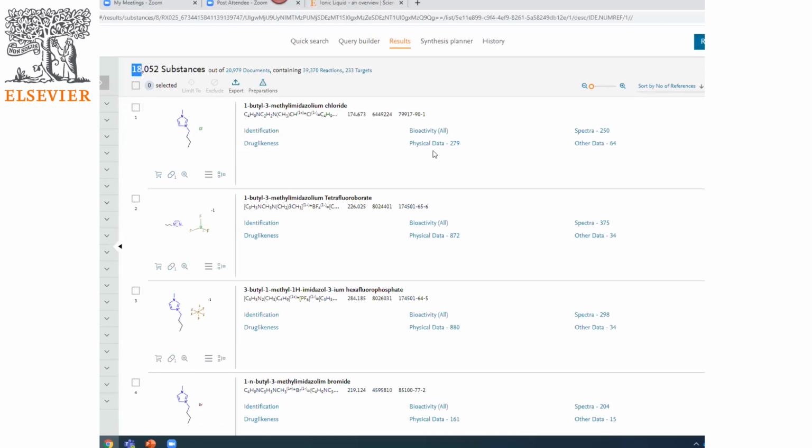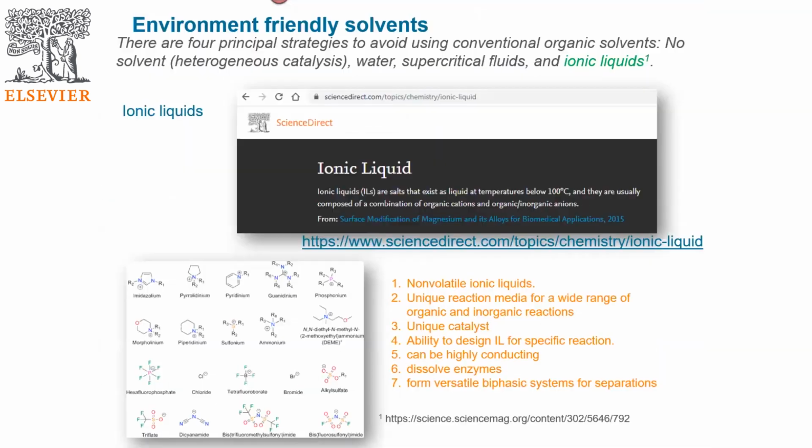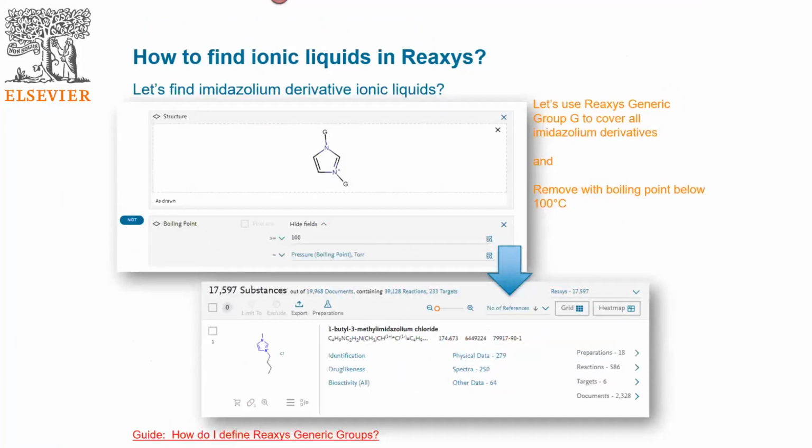As you see, they have physical data, spectral data, they have different reactions, and the variety of ionic liquids is very high. Also, what we can do, but we didn't during the demonstration, we haven't focused on boiling point, because ionic liquids should have a boiling point below 100 degrees.